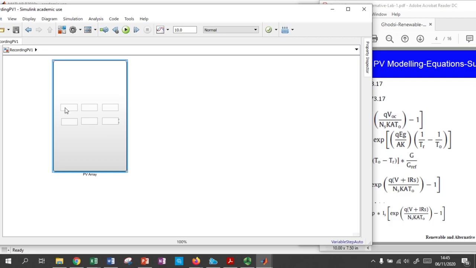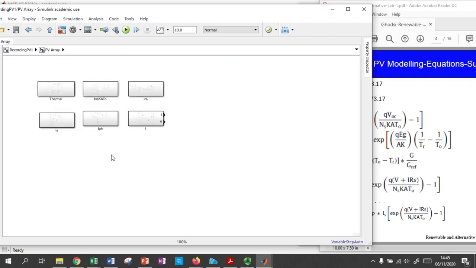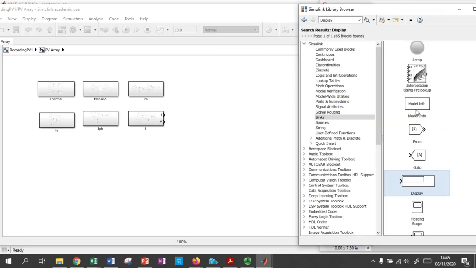Now we need to specify these import ports, the input ports. Then we will go through this one. We have already defined some inputs, and we should specify the ports right now.